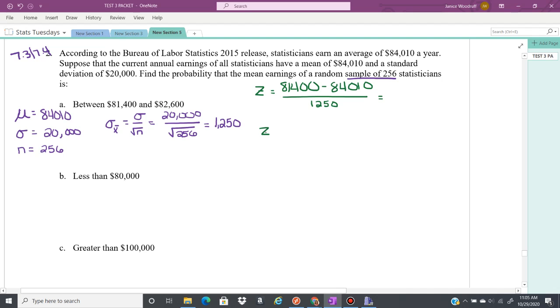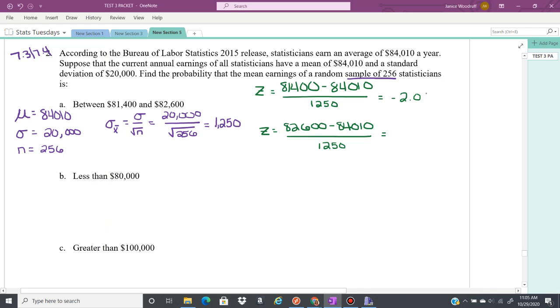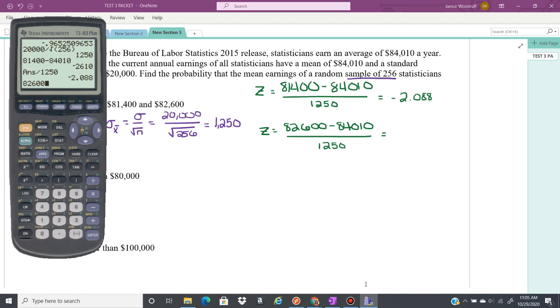And then we're going to do that again for the 82,600. So I'm just going to write them both out. 81,400 minus 84,010 divided by 1,250 gives us negative 2.088. And 82,600 minus 84,010 divided by 1,250 gives negative 1.128.